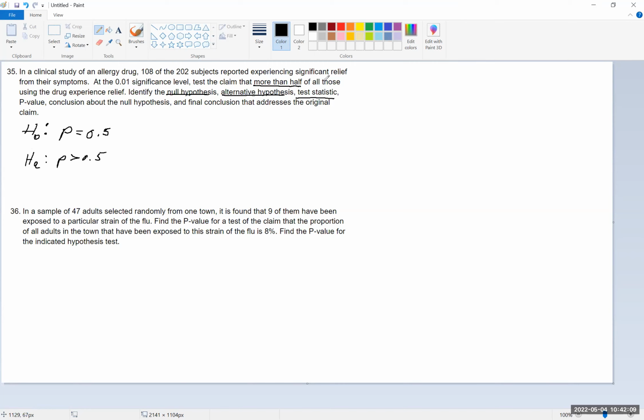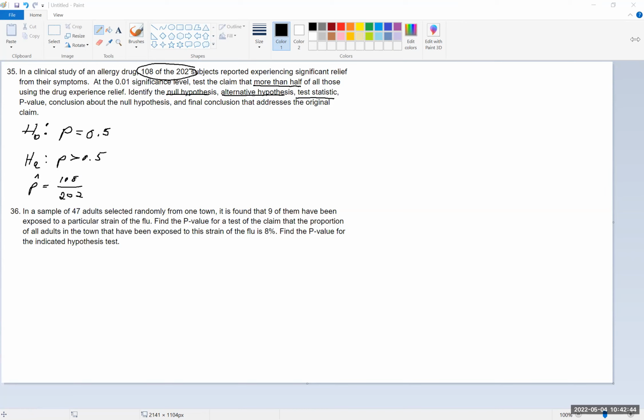The test statistic is going to come from this value. We'll go ahead and call it p hat, which is going to be 108 divided by 202. I'll put that in my calculator. It's just 108 divided by 202.